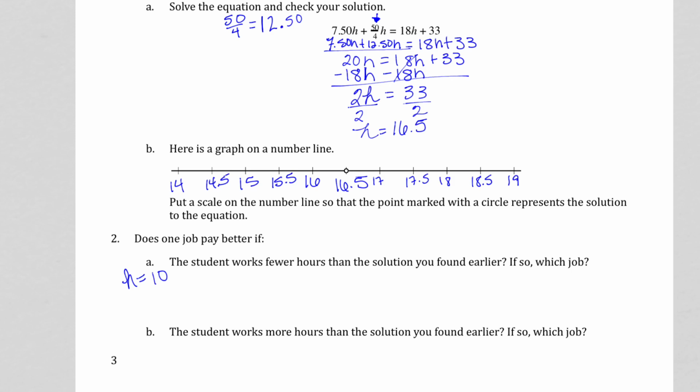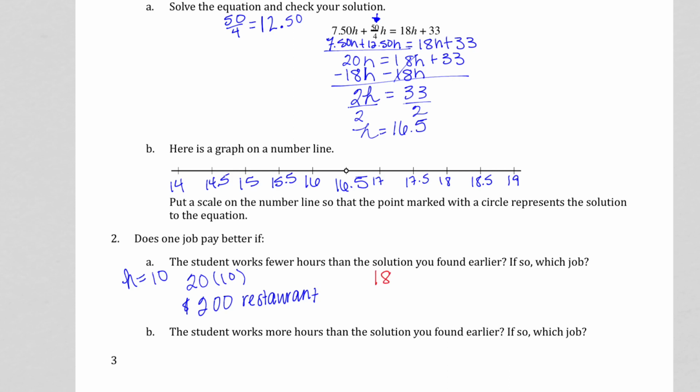So let's just do 20 times 10. This is for the restaurant. So they will make $200 at the restaurant. Okay. So what about at the hotel?